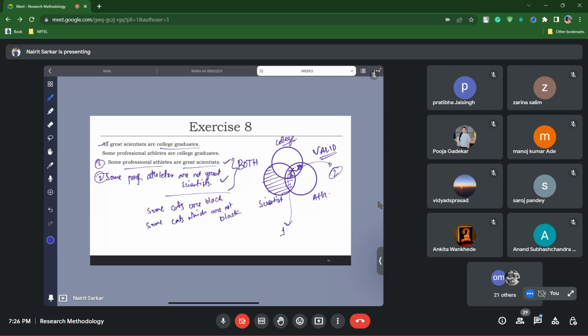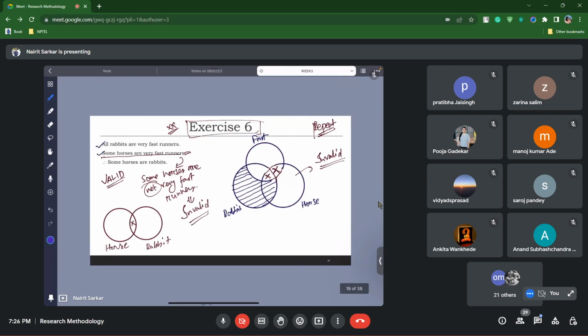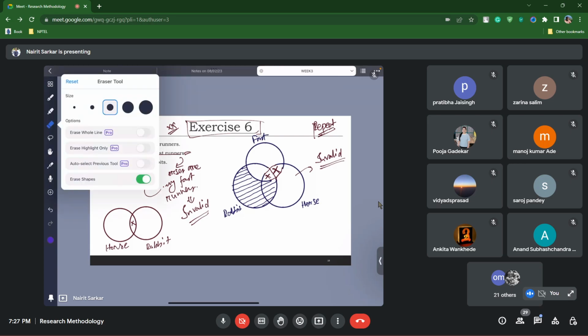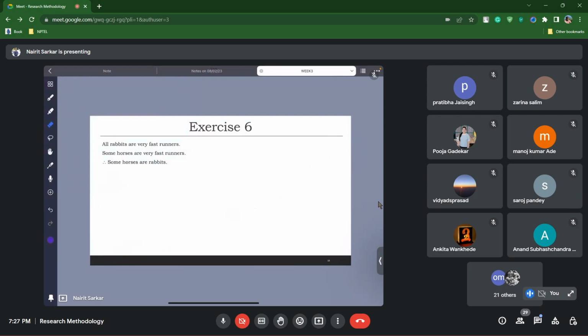Shouldn't it be? What do you think? Anyone? No? Wait. Then again into this one, 6. Okay. 6 is an important example of how only the Venn diagram is not sufficient.